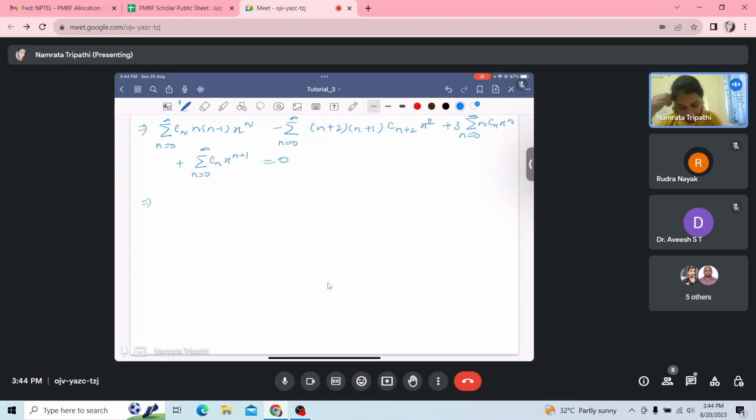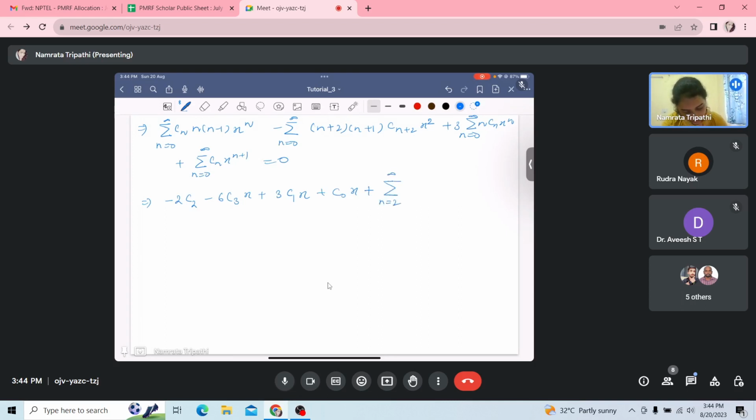You can put n = 0, n = 1, then you will get the values. These are simple calculations, you can check, and if there is any doubt you can ask.